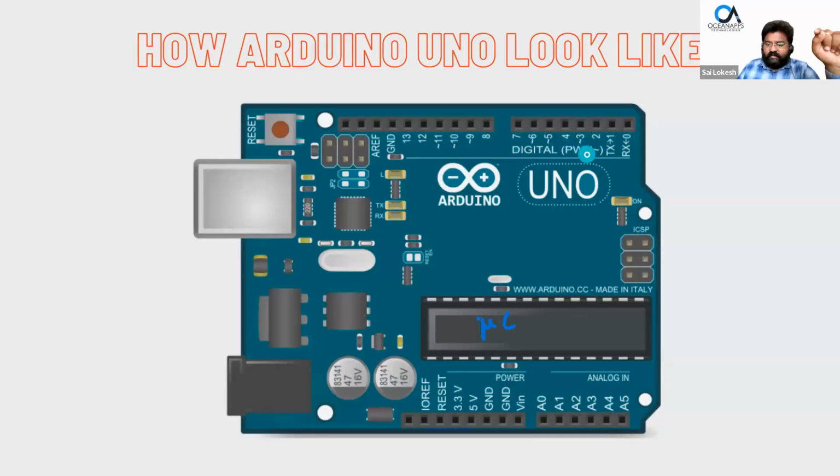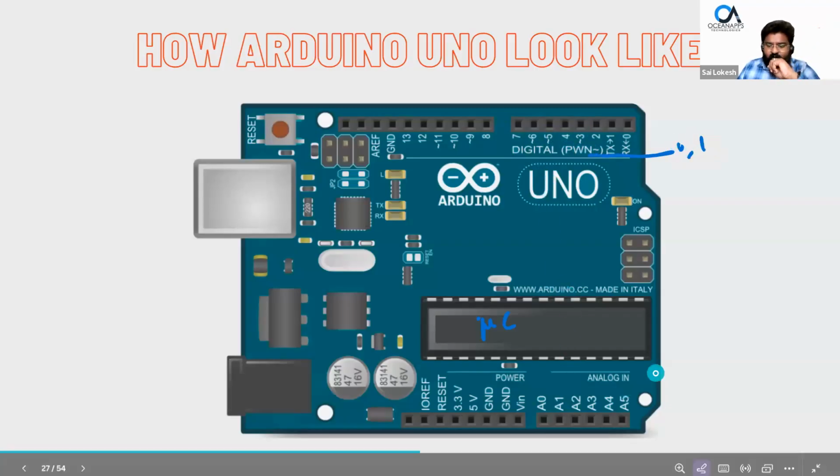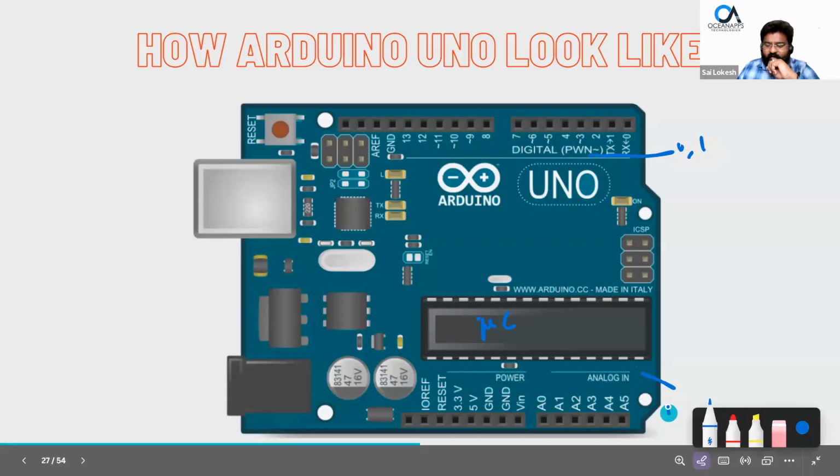So digital means 0 or 1. Whereas in analog, we have continuous values. I'll tell you how we will use analog pins and digital pins in our programming class section. Once we start there, we will see how those actually work.